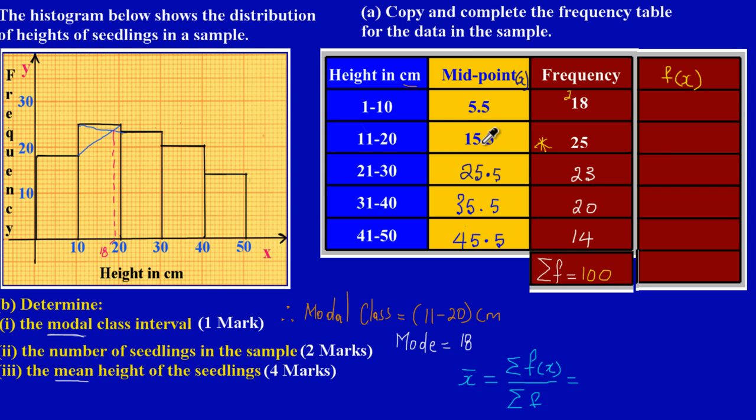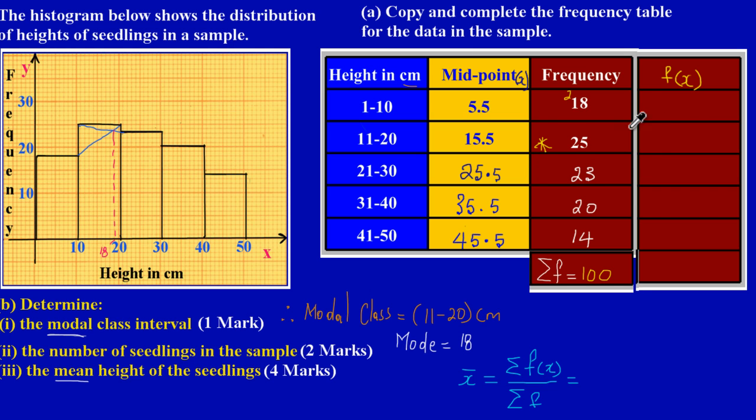So each seedling in this class carried an average height of 15.5 centimeters, and we had a total of 25 seedlings in that class. And so on and so forth. In the third class, each seedling had an average height of 25.5, and we had 23 seedlings having that height, and we're assuming these now.